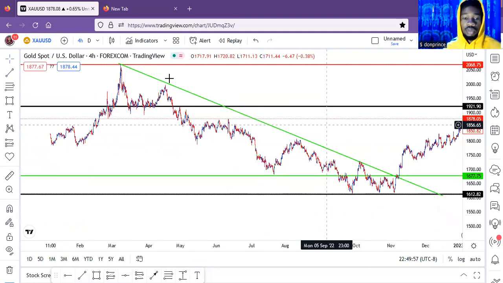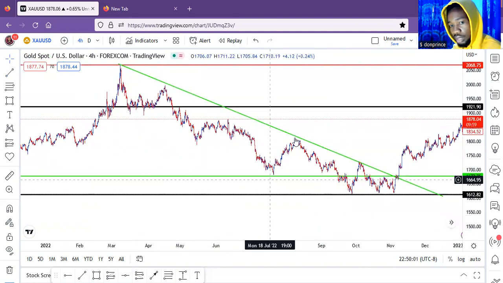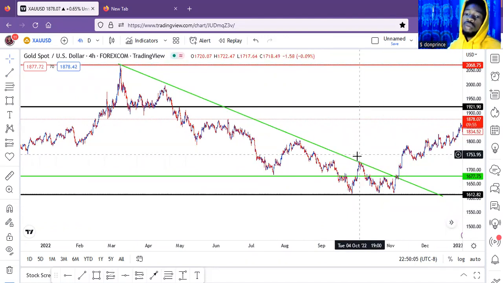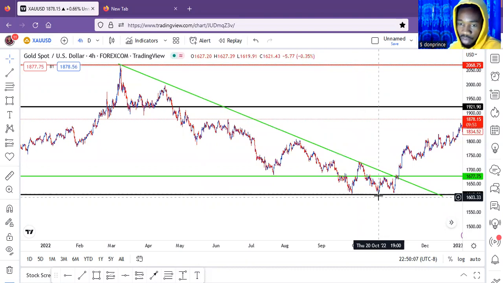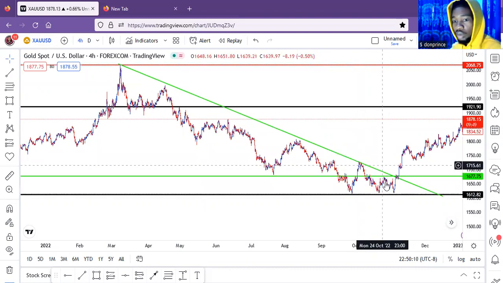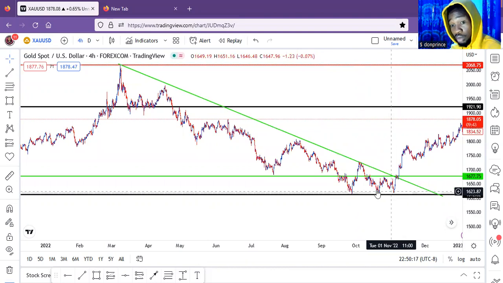Price formed an impulsive move down, a correction, impulsive down, a correction, impulsive down, a correction, but didn't form another impulsive. This was the double touch and it went up, came down again, pushed this, formed the triple bottom. This was the double bottom. This was the triple bottom.